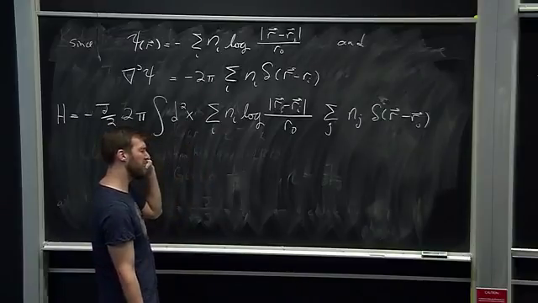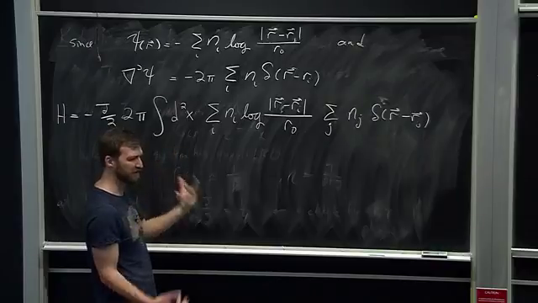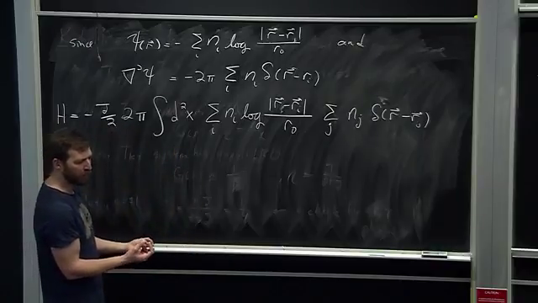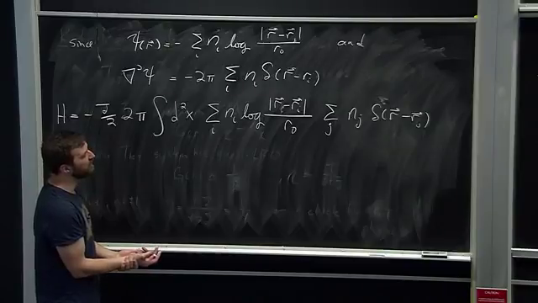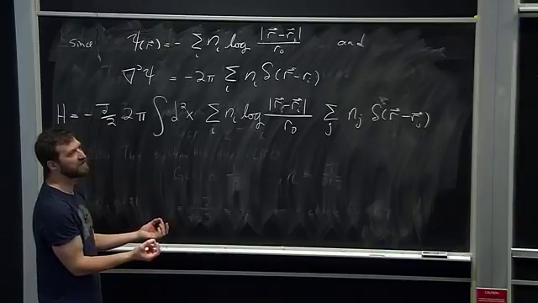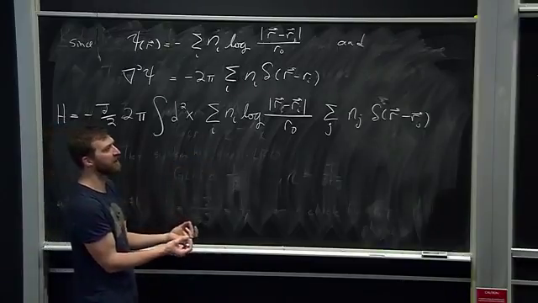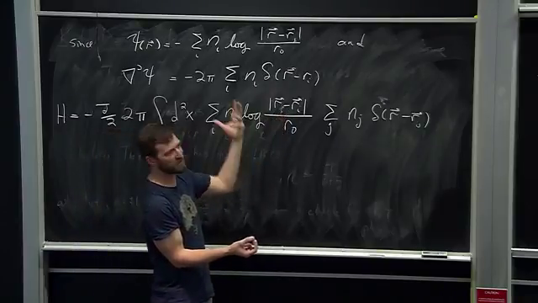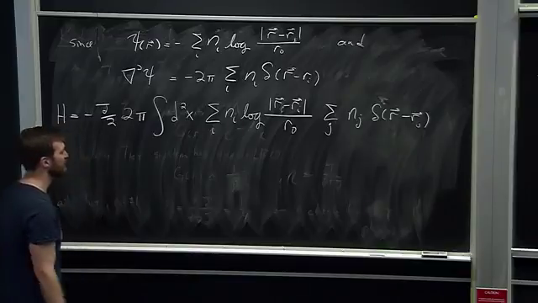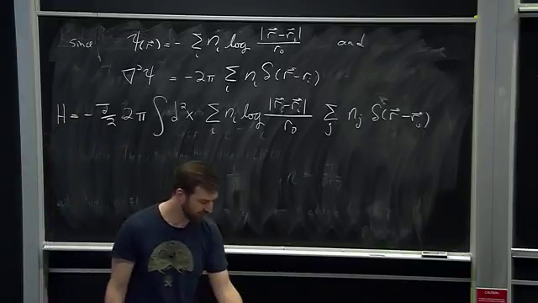And the only thing I have to be careful of in those two sums is that if both vortices, I and J, occur at exactly the same spatial position, then I've got to worry about this log of 0.